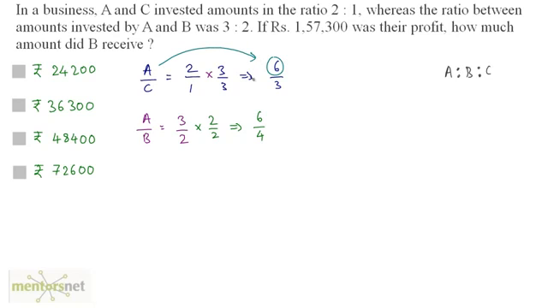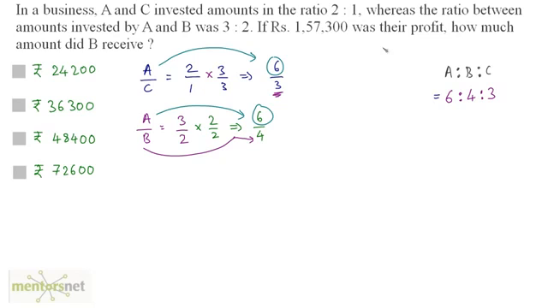Here A is 6, here also A is 6. Now as we have A's component equal in both the ratios, I can write A is 6, B is 4 and C is 3. So 6:4:3 is the ratio of the profits earned by A, B and C.